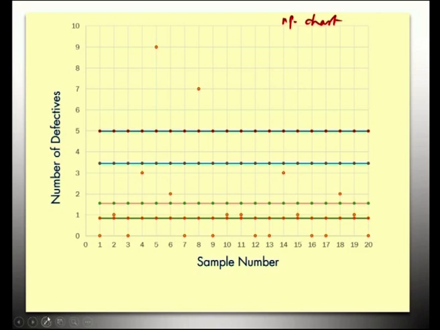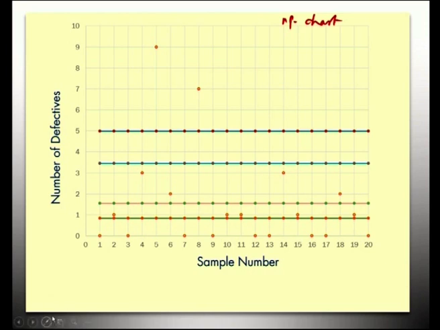First, let me plot the number of defectives. For sample 1, the number of defectives is 0 and for sample 2, the number of defectives is 1. So, these orange dots show the number of defectives being plotted on the graph sheet. Similarly, these orange points, so 20 values are plotted in the sheet.